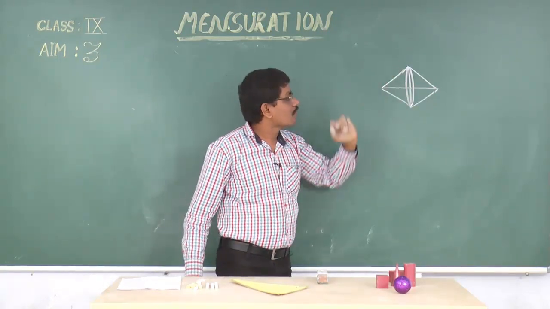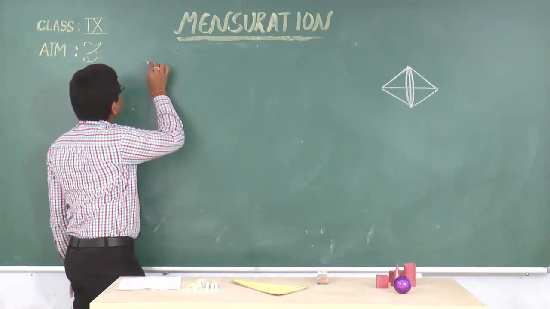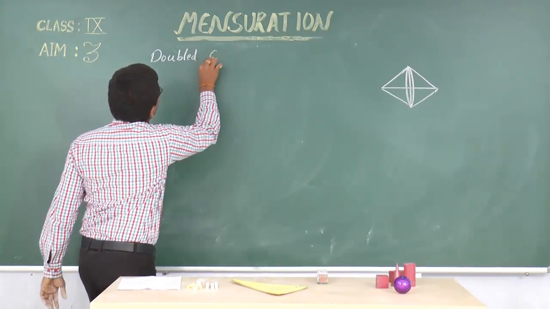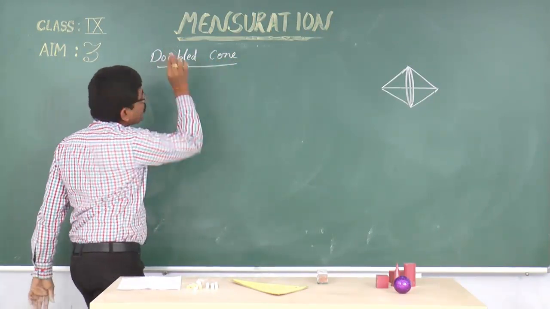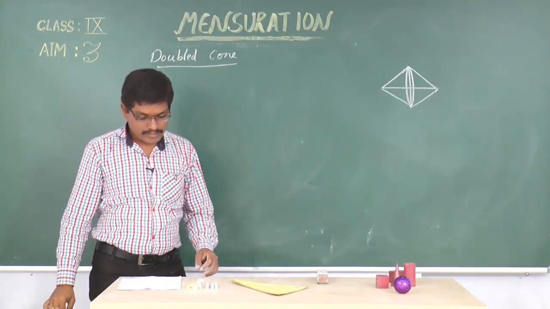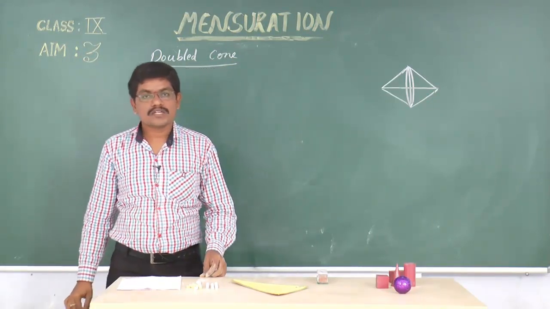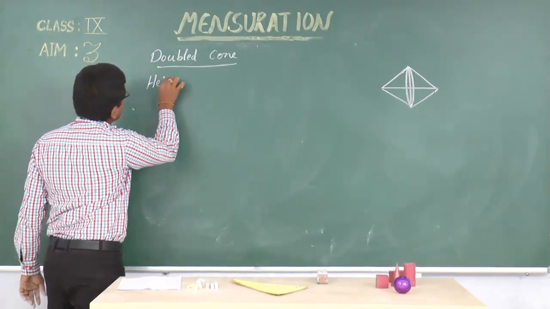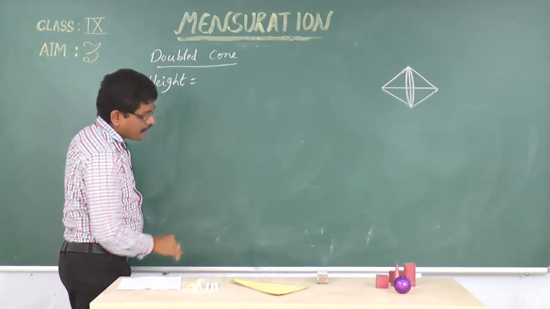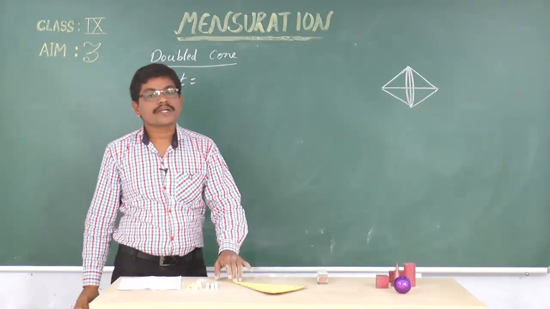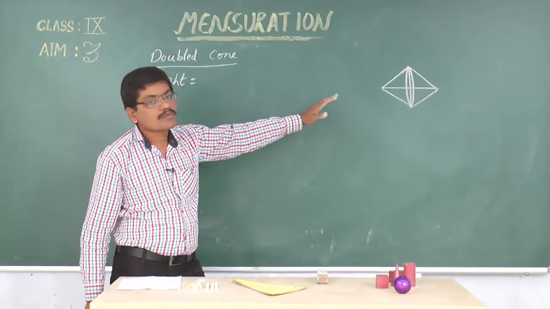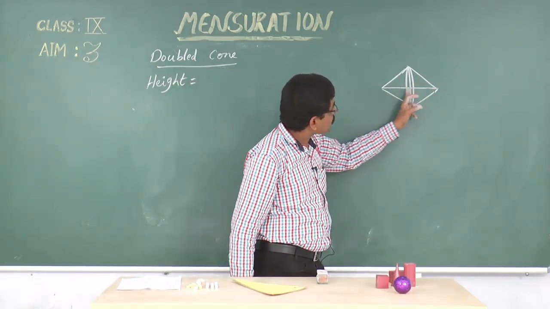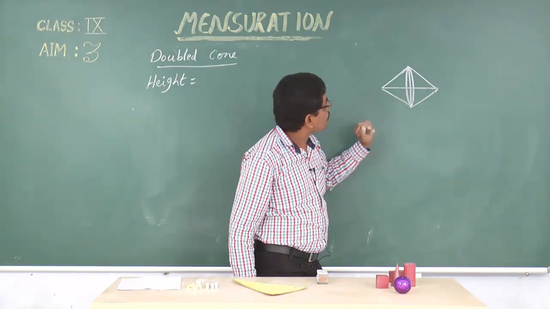Then for this cone, what is the TSA and what is the volume? First one is height. Height of this double cone equal to, so here this is the hypotenuse of the triangle.